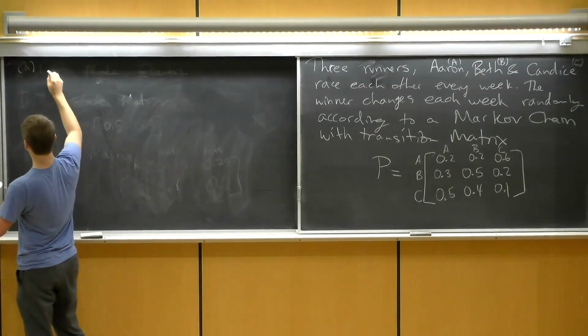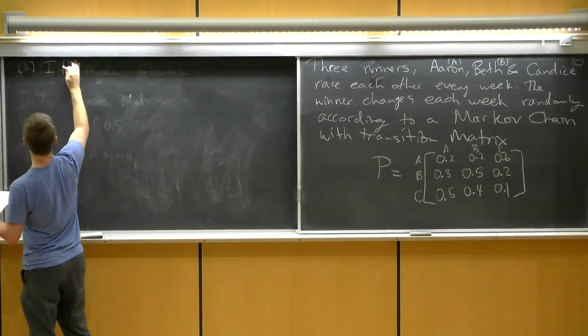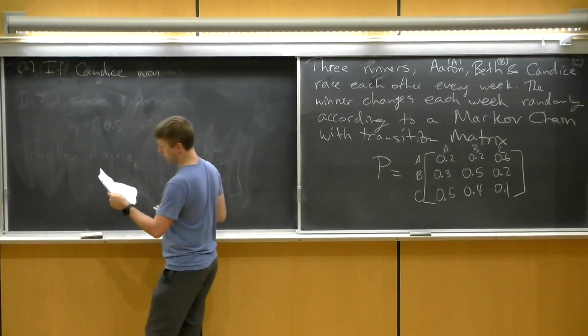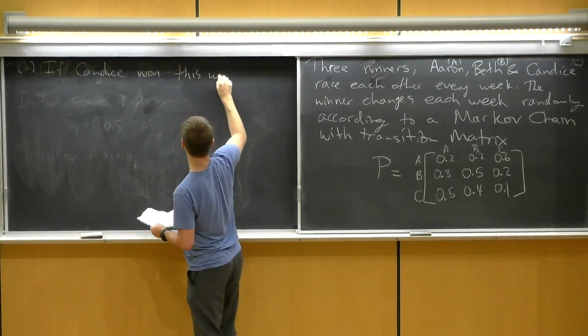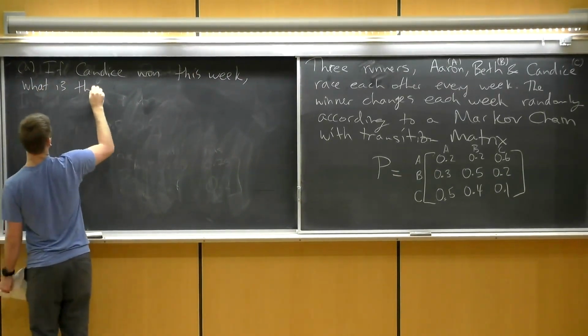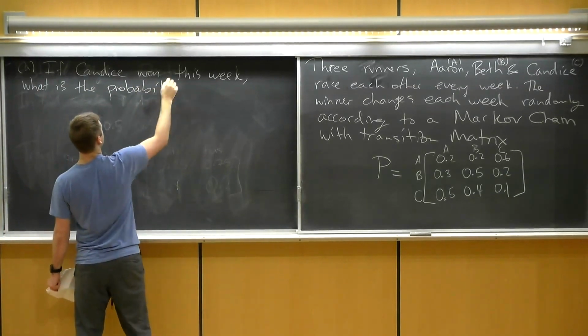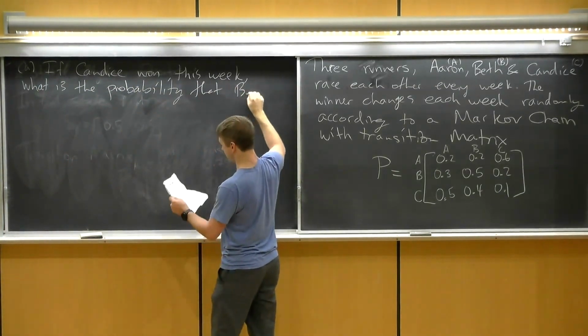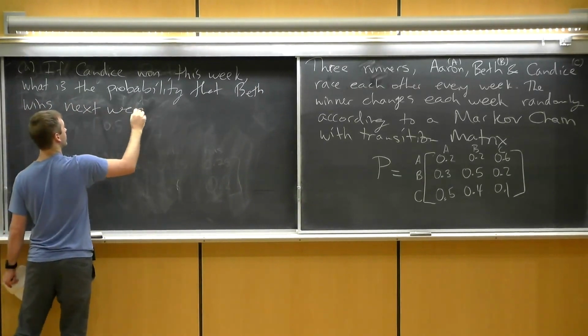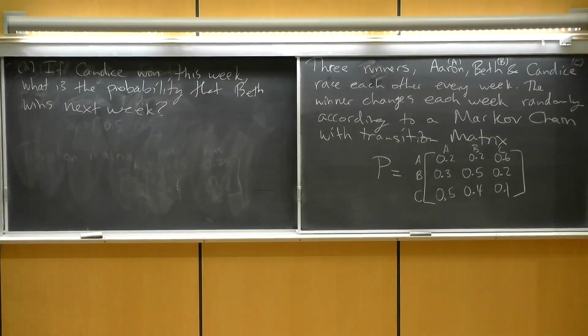First question: if Candace won this week, then what is the probability that Beth wins next week? So this is just checking your comprehension of what this matrix means.